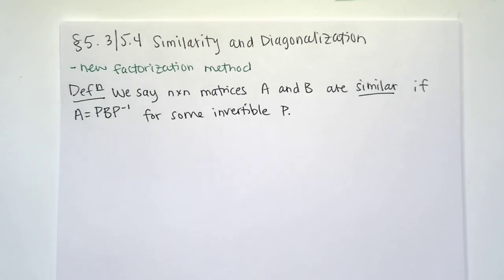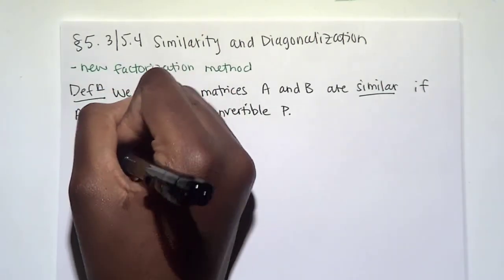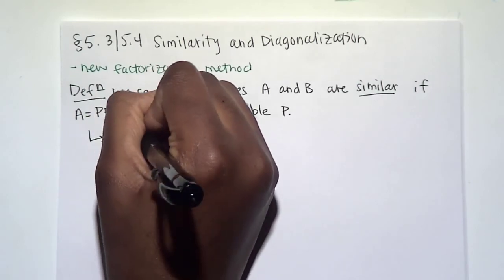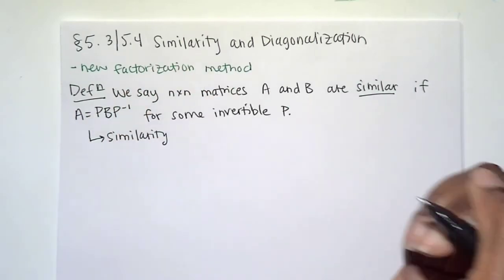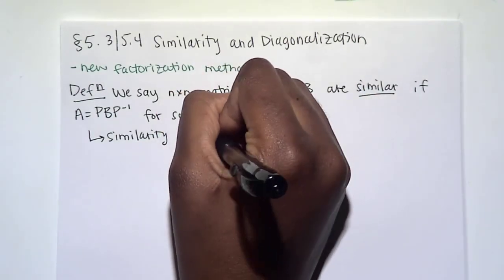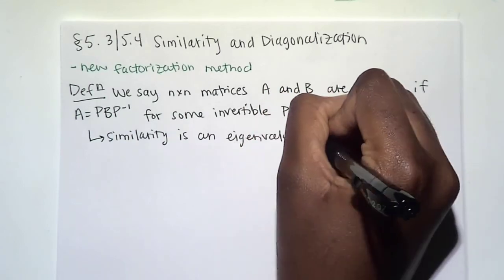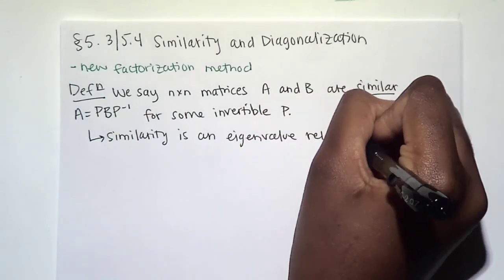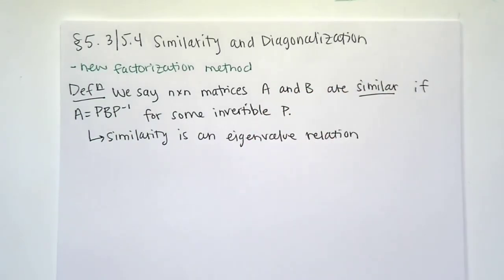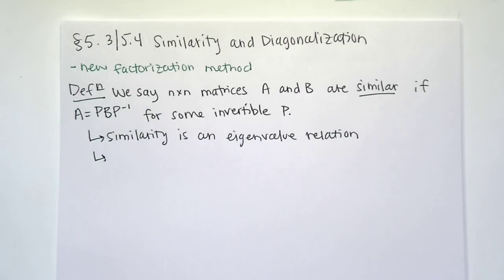All right, so why do we care about similarity? Well, similarity is an eigenvalue relation. And so we're actually interested in matrices being similar to a diagonal matrix.